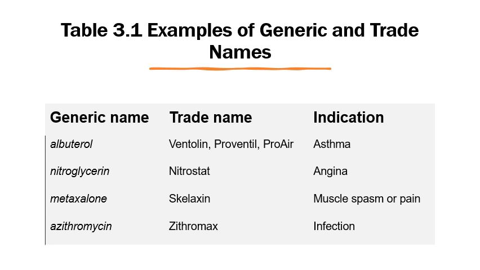The trade or brand names for it are Ventolin, Proventil, and ProAir. Typically the generic versions are cheaper. So unless the physician puts do not substitute, many times the pharmacy will substitute the generic for the trade name.